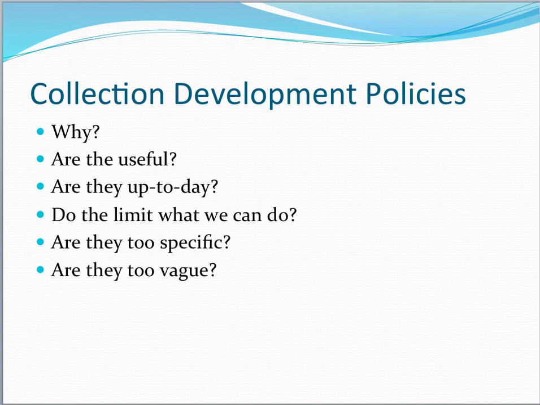If it's too vague, then it doesn't tell exactly how we are going to carry out the function of selecting, acquiring new materials for the library, weeding, etc. So in my opinion, the policies have to have a middle of the road approach. You have to be specific enough so the librarian knows what he or she can do, but it has to be general enough so we can be more dynamic.